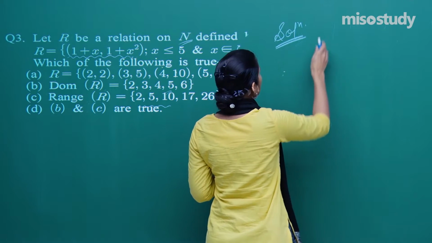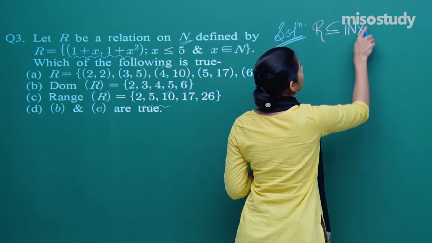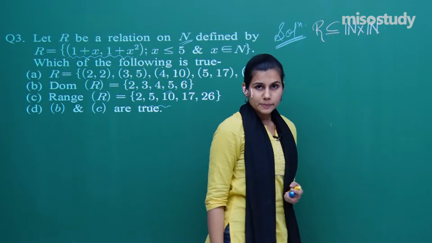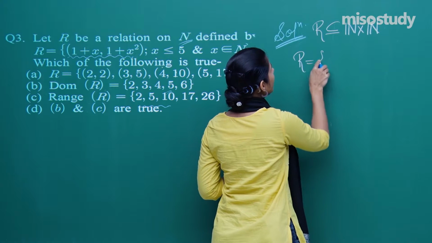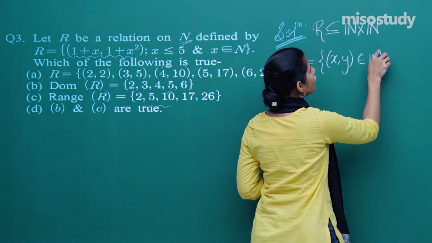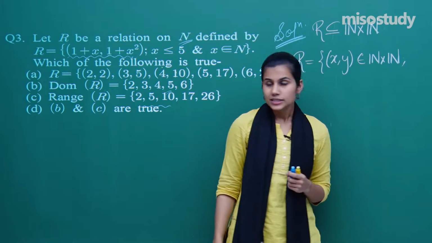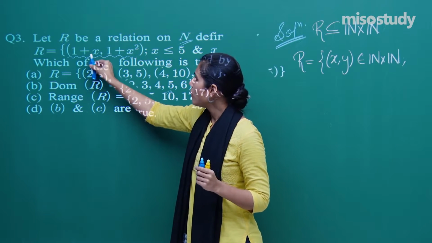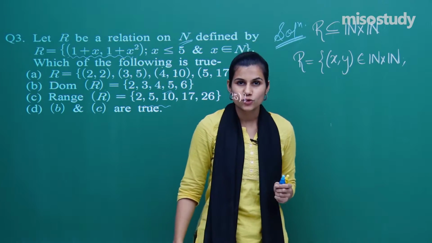This means my R is a subset of N cross N, such that inside the relation R sit those ordered pairs belonging to N cross N such that the first component should look like 1 plus x and the second component should look like 1 plus x square.